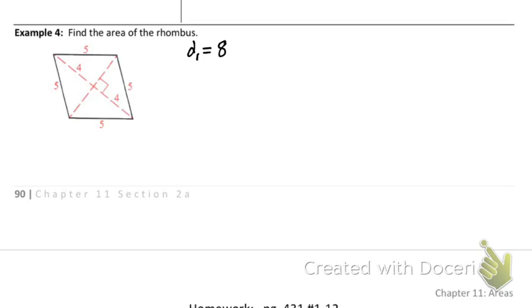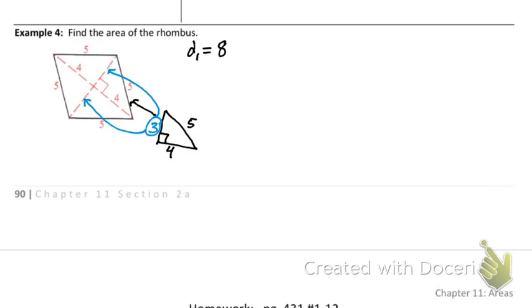All right, so that makes 90-degree triangles. So we have this triangle here, which creates a 90-degree angle. We have 4, 5. That missing section is what Isabella said, is 3. That is a 3, 4, 5 triangle. So that 3 goes there, that 3 goes there.